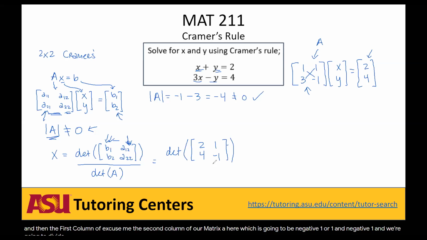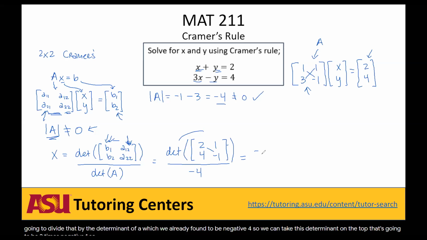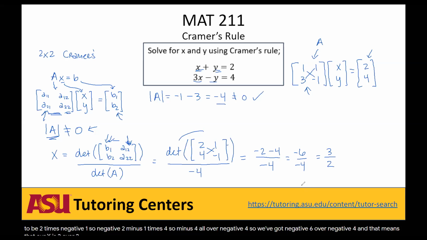And we're going to divide that by the determinant of A, which we already found to be -4. So we can take this determinant on the top. That's going to be 2 times -1, so -2, minus 1 times 4, so -4, all over -4. So we've got -6 over -4, and that means that our x is 3 over 2. So let's write this up here. So x equals 3 over 2 for our first solution.